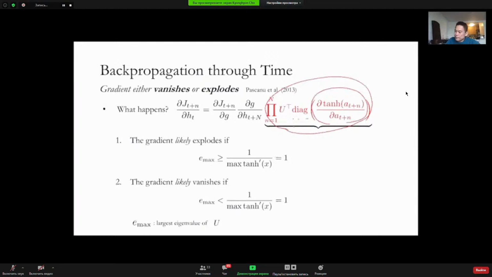Because we are now looking at a matrix, if the largest eigenvalue of this U, the transition matrix, is larger than 1, it's very likely that this whole thing is going to blow up, just like when we multiplied, let's say, 1.01 a lot and a lot. On the other hand, if this largest eigenvalue is smaller than 1, then the norm of this whole thing is going to rapidly vanish towards 0, just like when we multiply 0.99 over and over.